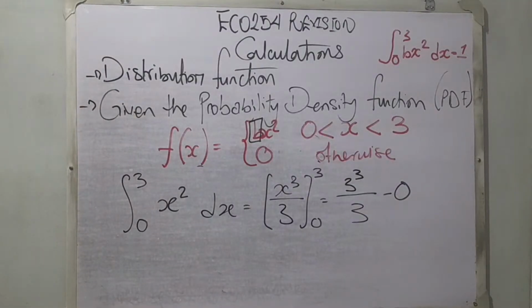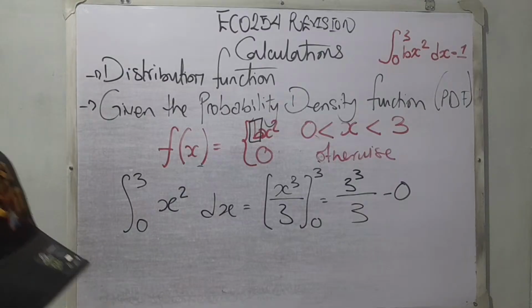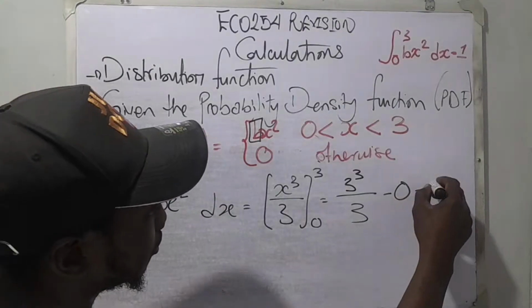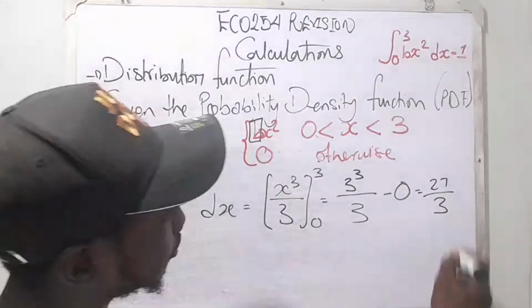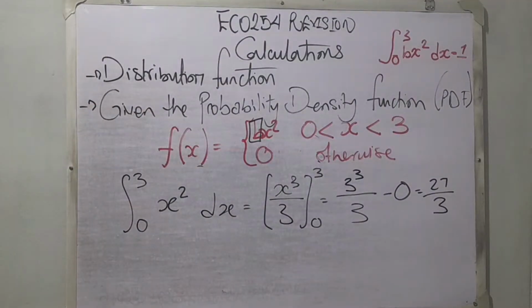That should be giving us 27. When you calculate this, 3 raised to the power of 3 should be giving us 27, over 3. Please, what's the final answer?